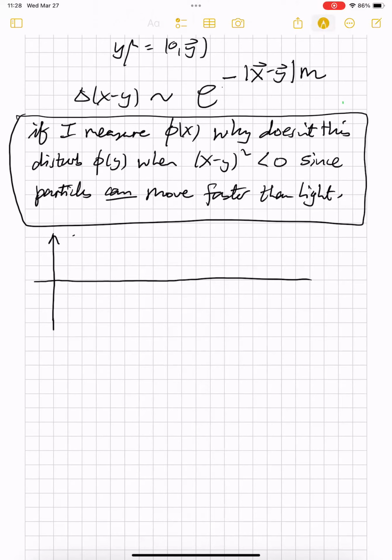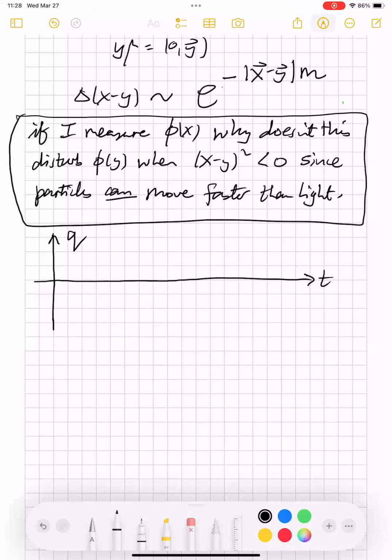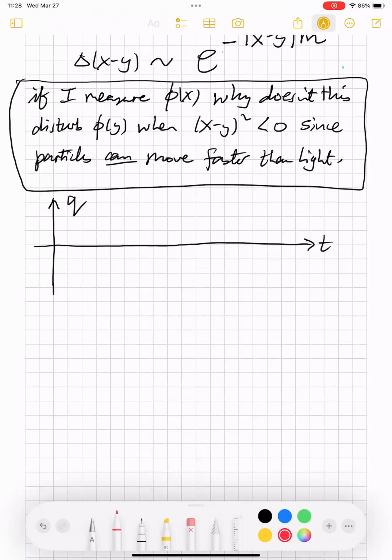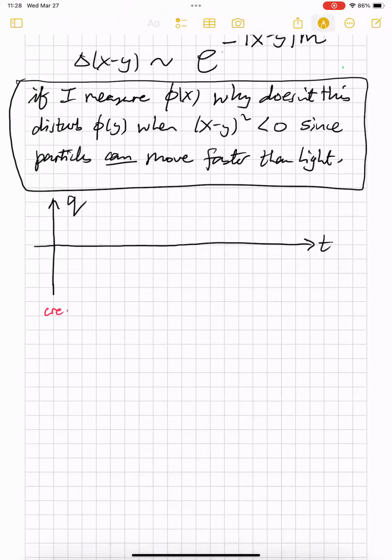But I'm going to study the charge in the universe as a function of time t, and I'm going to imagine the following situation. I am going to create an electron, so I'm going to study electrons at time t1, and I will destroy it at time t2.